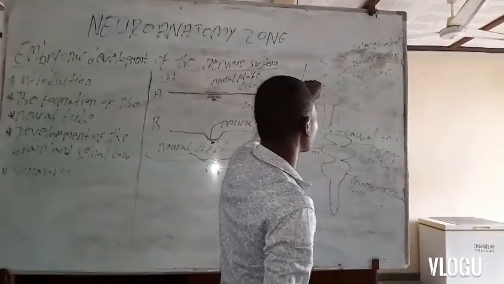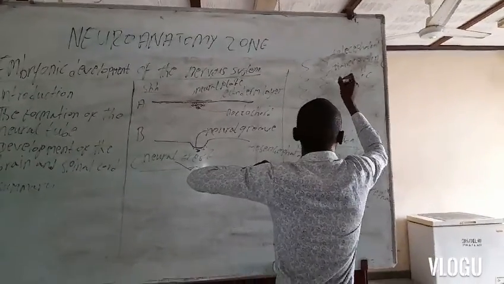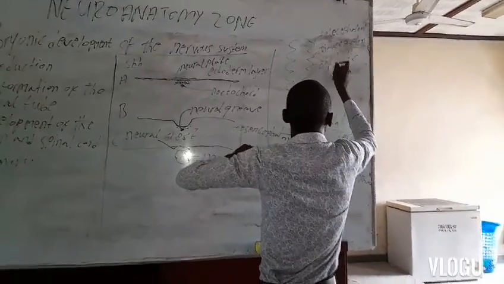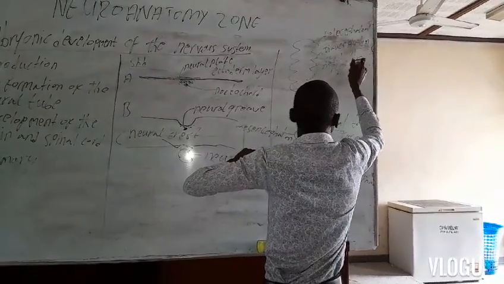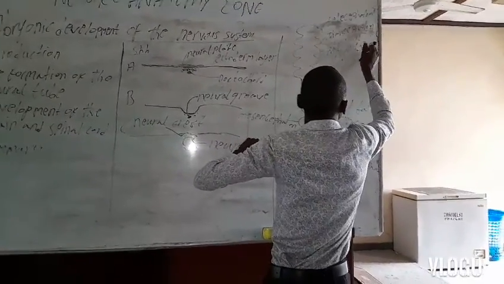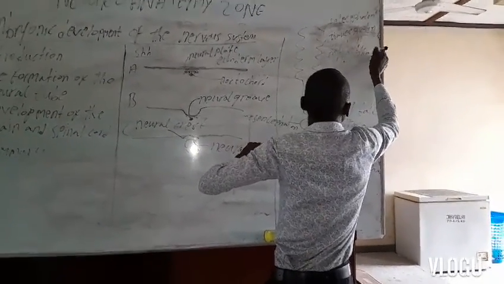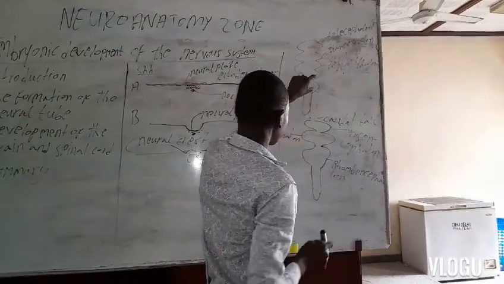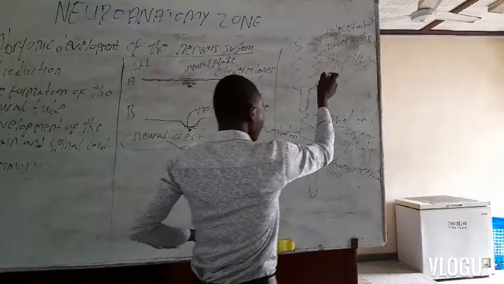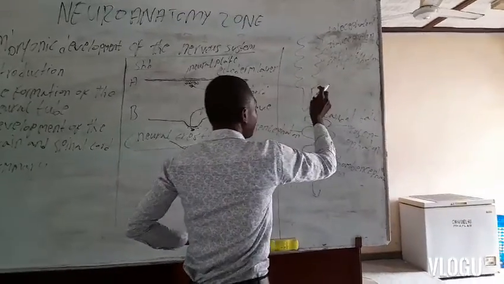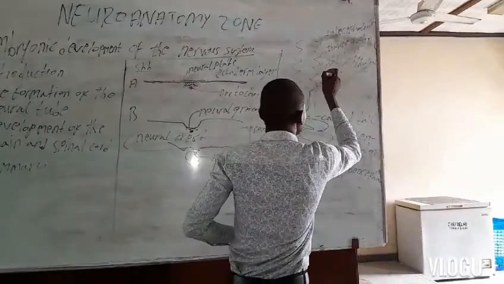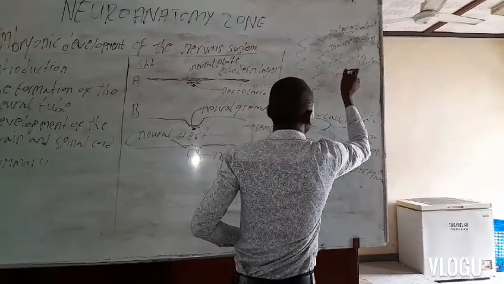The mesencephalon is going to remain as it is, okay? It's going to be what will become the midbrain. And then the rhombencephalon is going to divide into 2 to produce metencephalon and myelencephalon, okay? I will explain what I just said in a moment.